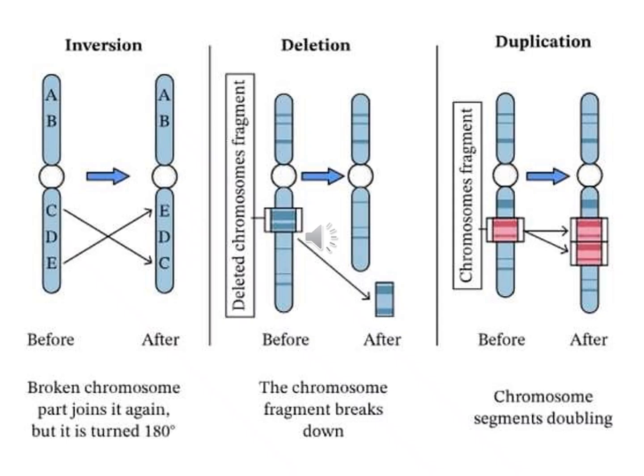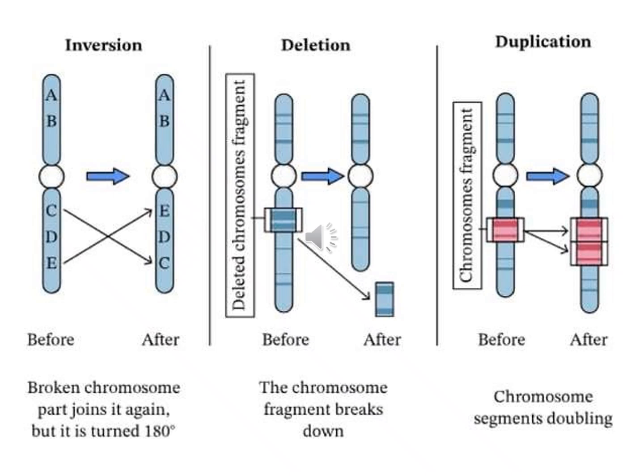About the definition of inversion, that means a segment of chromosome is reversed in orientation without loss or gain. So here the broken chromosome part joins again, but it is turned 180 degrees.